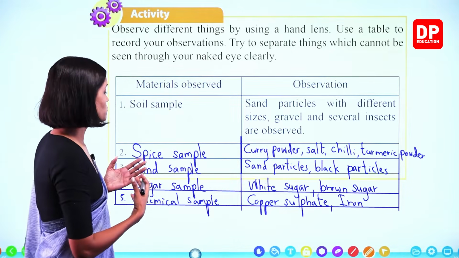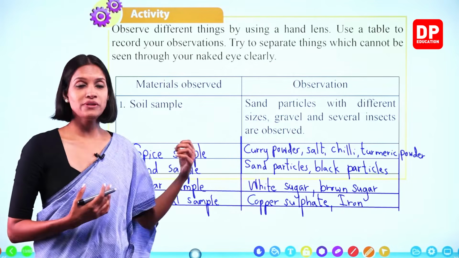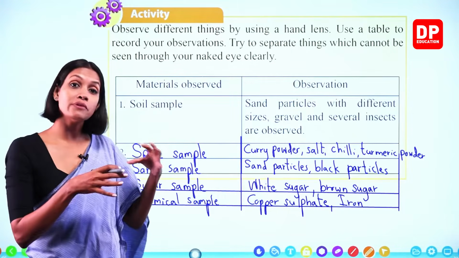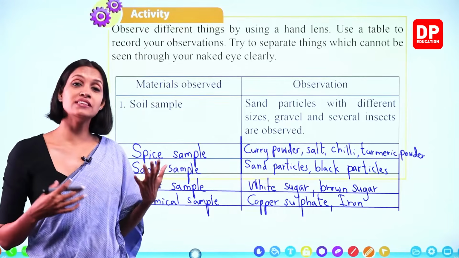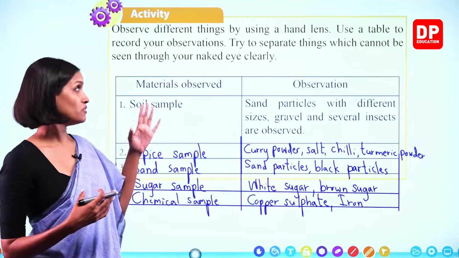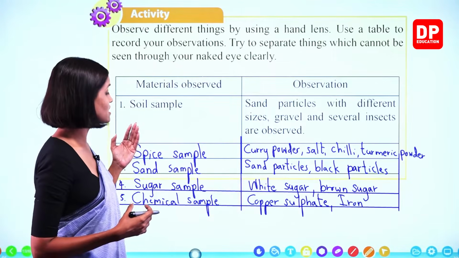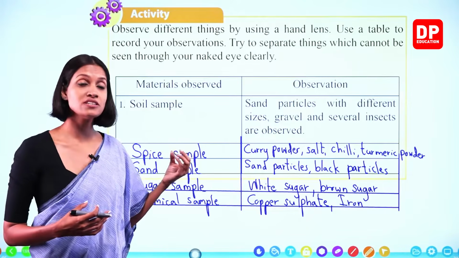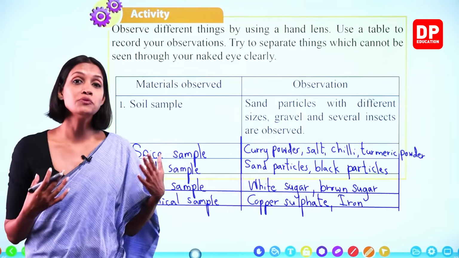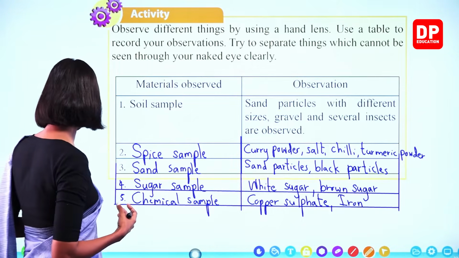So you also can do these type of activities even at home. Soil sample, like you can take soil samples from different places and you will see they are different from each other when you look through the hand lens. Okay, so these type of activities are very important to improve your knowledge, and you can improve your observation ability as well. Right, let's move on to the next.